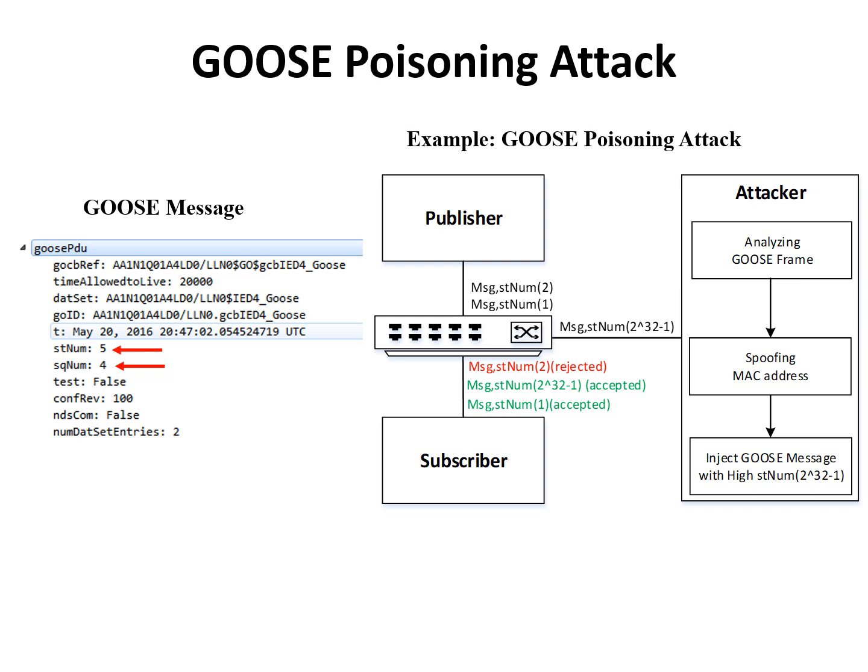For example, if the original status number was 2, the attacker will transmit a new message with a status number equal to 10,000. When the subscribers receive this message, they will disregard all messages from the original device until the status number reaches 10,000.